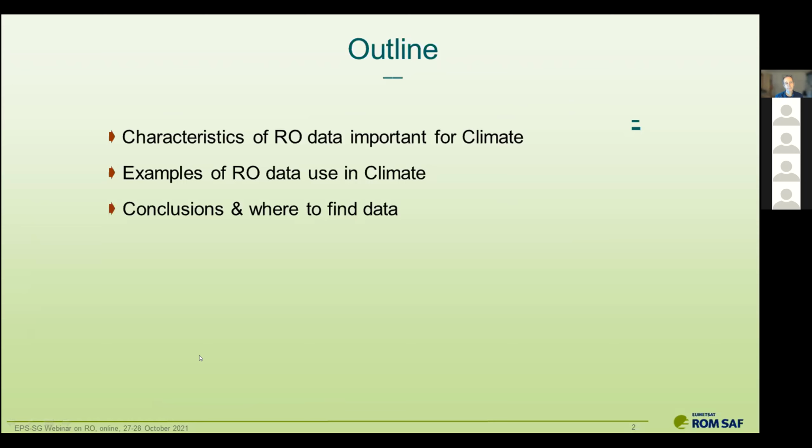Then I will mainly go through a few examples of how our data are used in climate. It is by no means a complete set of applications. It's just what I have been slightly involved in and know about. And then I will conclude and show you where to find data.